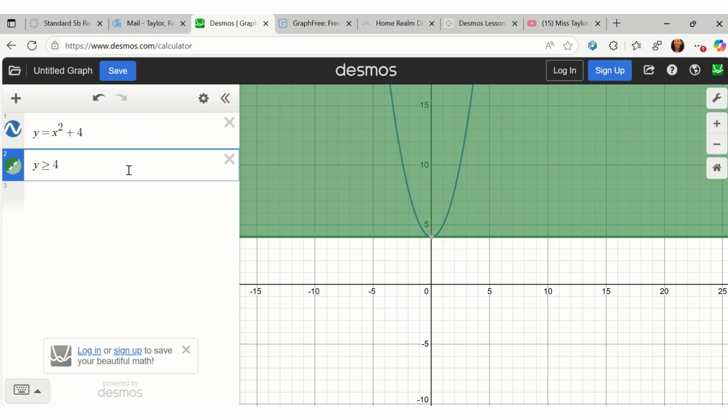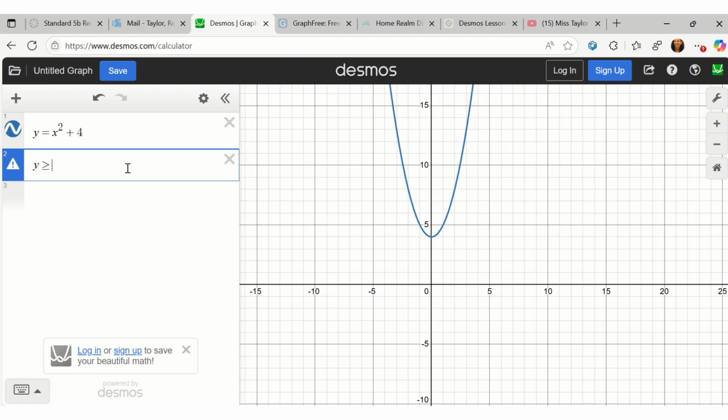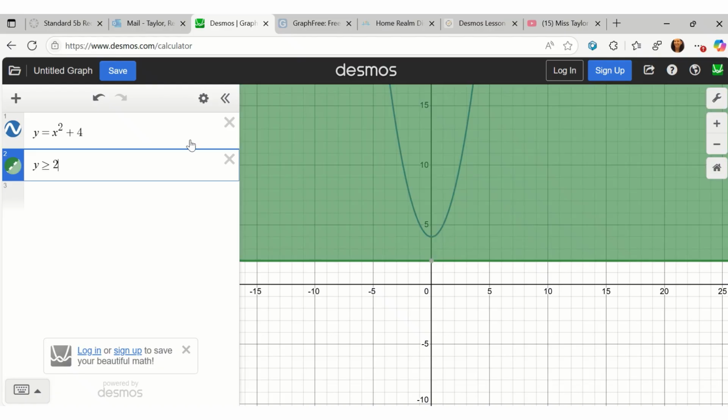Now, just for contrast, I want you to see what it looks like if you get the wrong number. So let's say you said y is greater than or equal to 2. The reason you know that's not correct is because you have extra stuff in your range that is beyond what the parabola is. Like the parabola doesn't actually go down to the 2. And so you got this extra piece. All right. It's all the possible y coordinates. But the way I've got that, 2 would be a possible value.